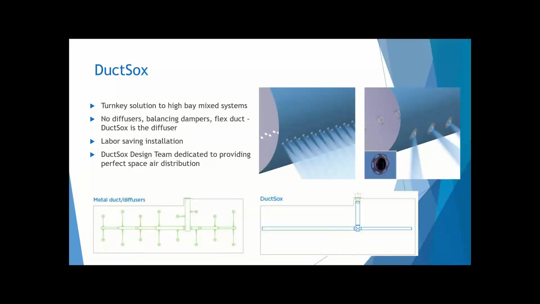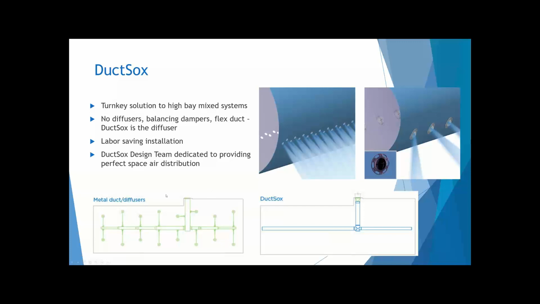So let's get away from talking about diffusers. This is actually an interesting turnkey solution to a high bay mixed system, where this actually is the diffuser. If you look at this example below, in a typical application, you would have your metal duct, your diffusers, your connecting ducts, your flex duct, your dampers.